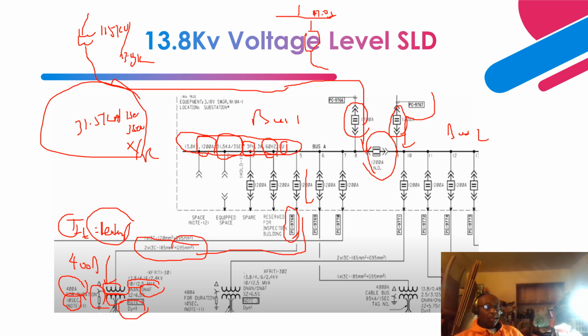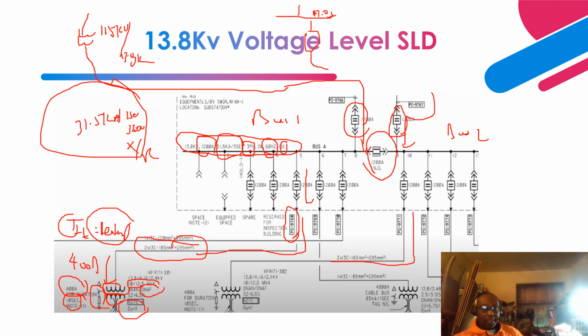Okay, so this is a feed that goes to trying to achieve a 4.16 kV or 2.4 kV level of medium voltage switchgear.